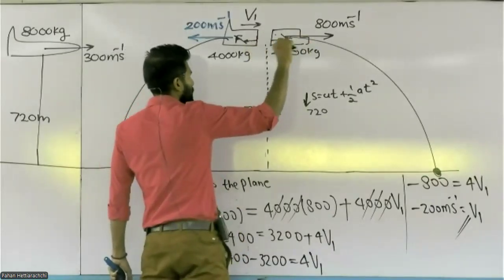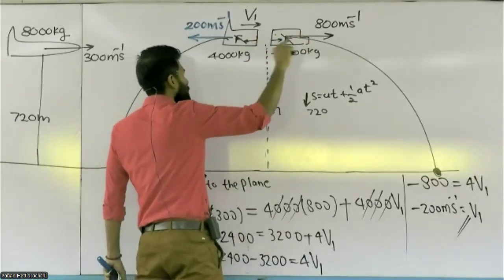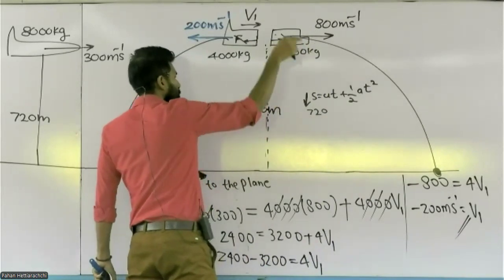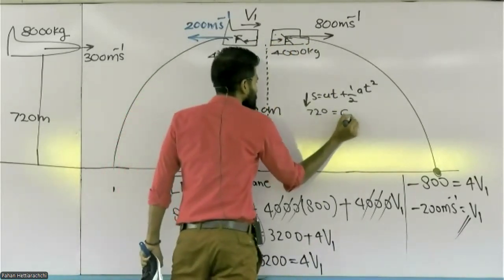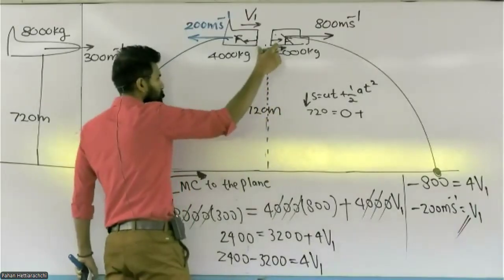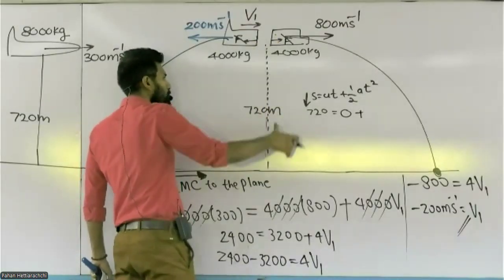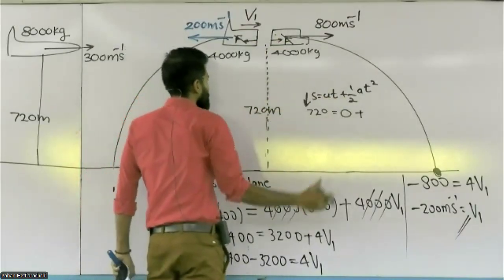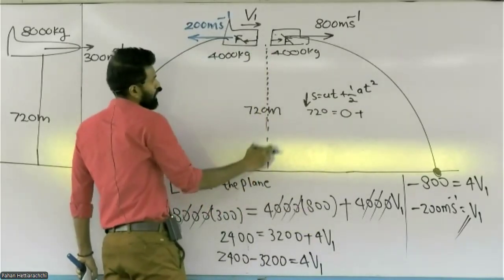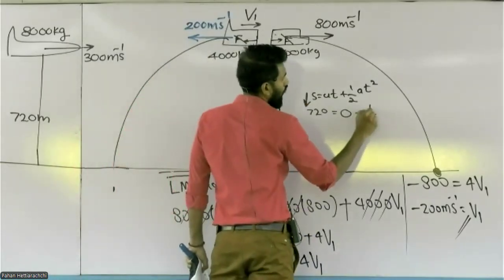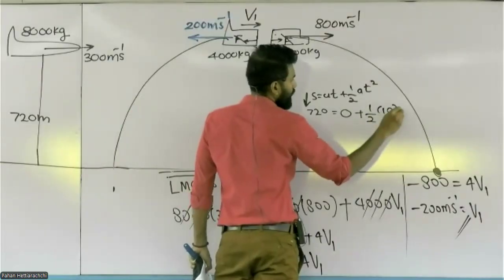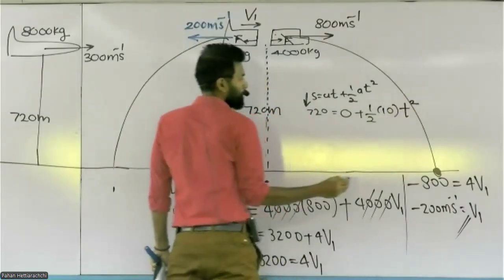Initially, the fragments move apart with horizontal velocities, so their initial vertical velocities are 0. When applying S equals ut plus half at square downward: 720, initial velocity is 0, half into the acceleration of gravity, 10 t square.